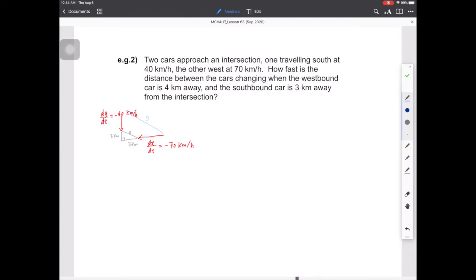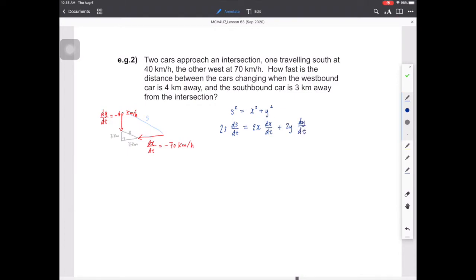Using the diagram that we have, we can say that the distance squared is x squared plus y squared. It's the Pythagorean theorem again. Let's differentiate implicitly. I have 2s ds by dt, the rate that this distance is shrinking, is equal to 2x times dx by dt plus 2y dy by dt.